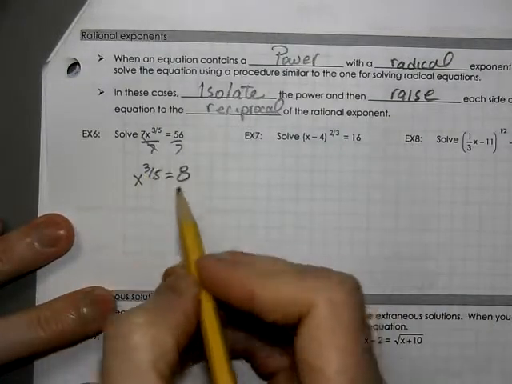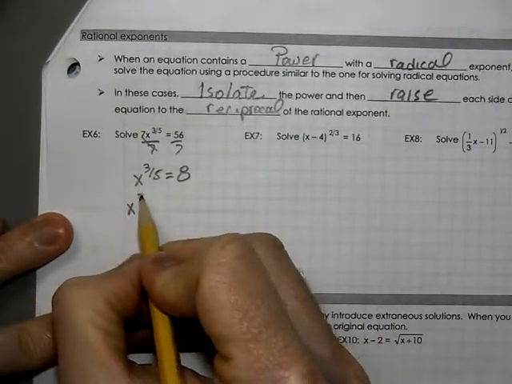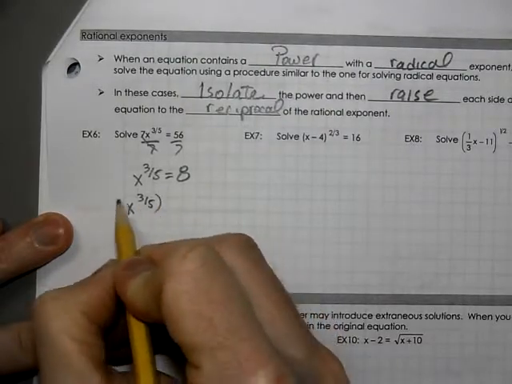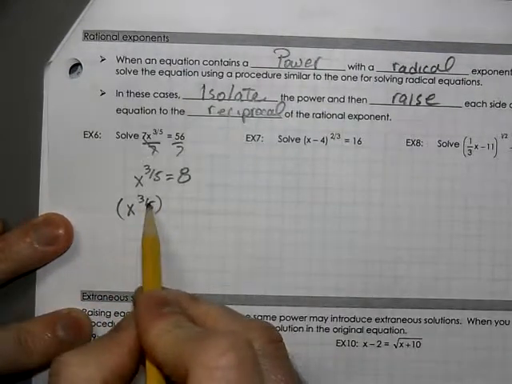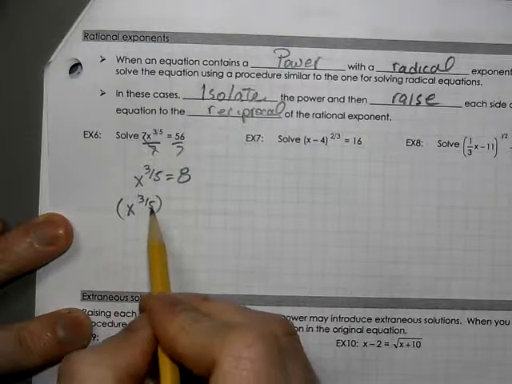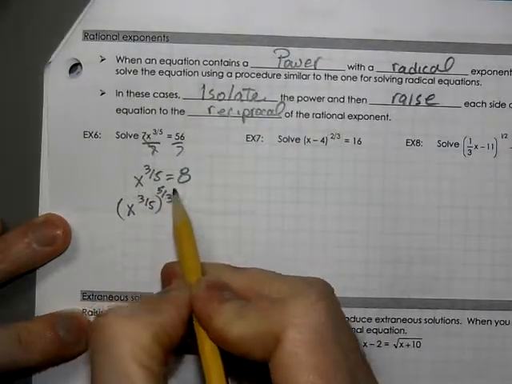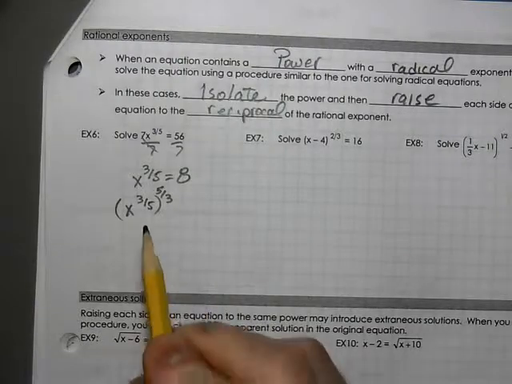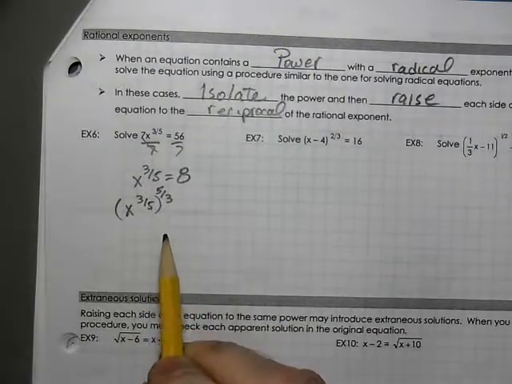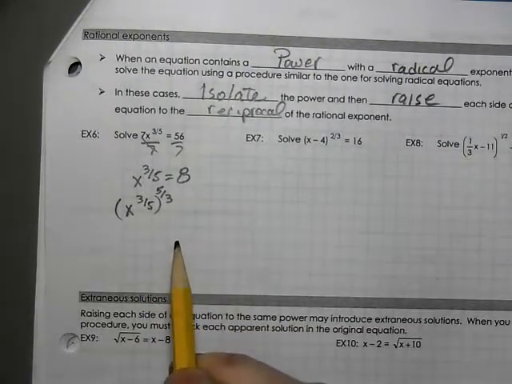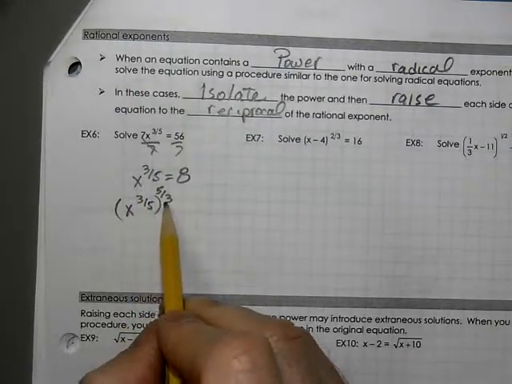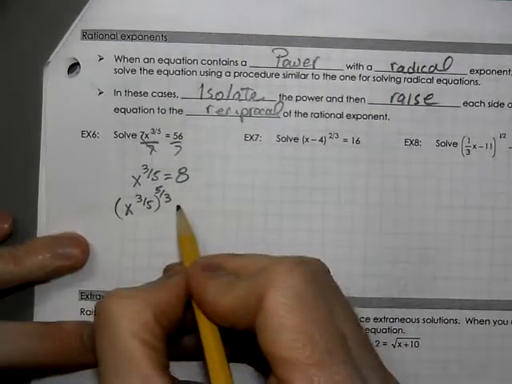Now, to get rid of the 3/5, we need to raise this to a power that's going to get rid of 3/5. An easy way to do that is to look at what's going to make it the same number over itself. So 15 over 15, which is a value of 1.